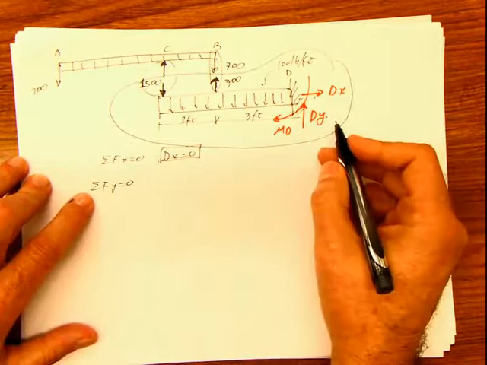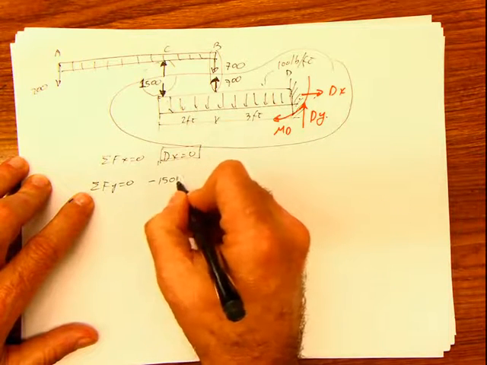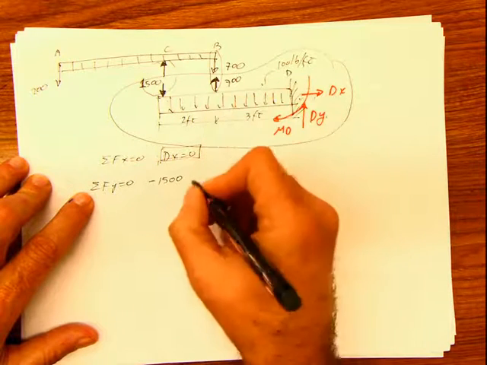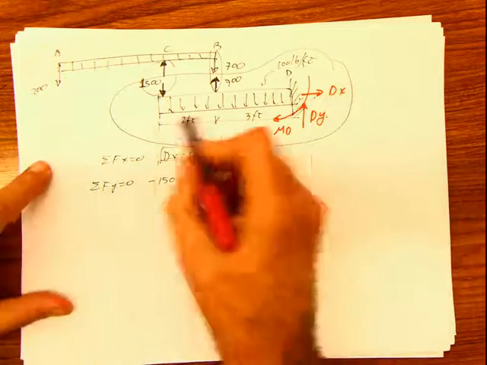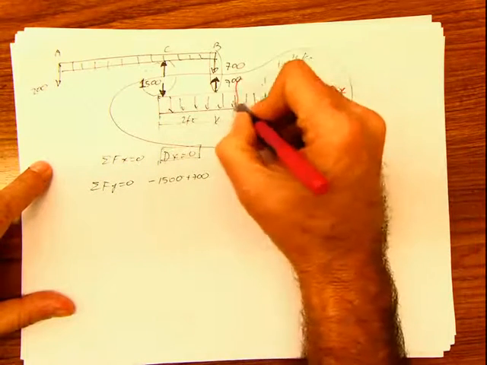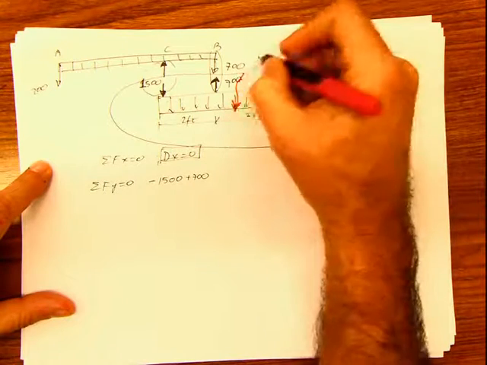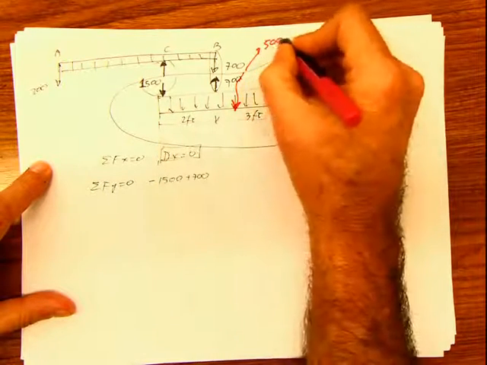So if we do summation of forces in y, we have this force, which is negative 1500, plus this force, which is positive 700. And now remember that the distributed load is going to produce a vertical load here, and that value is going to be 5 times 100, or 500 pounds.